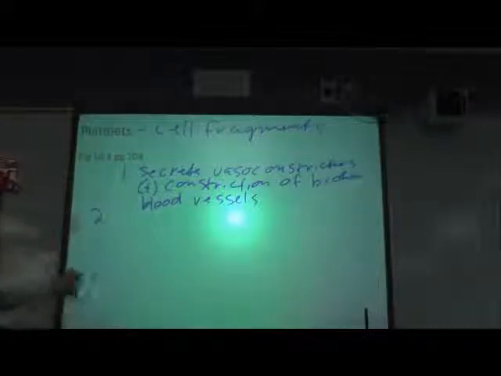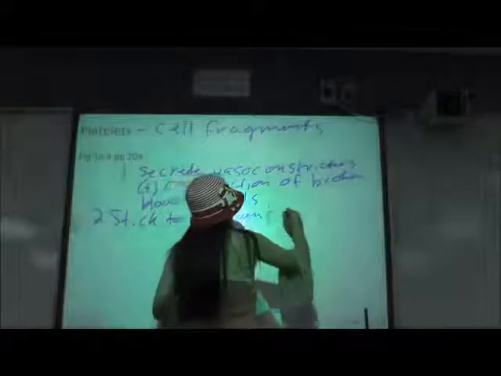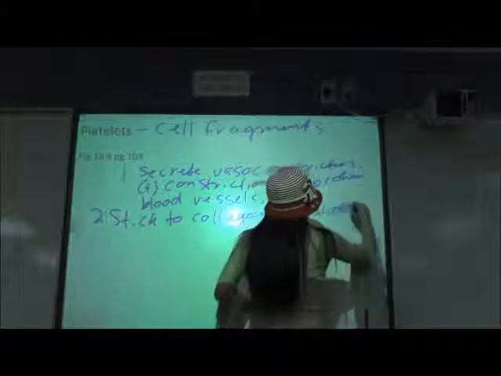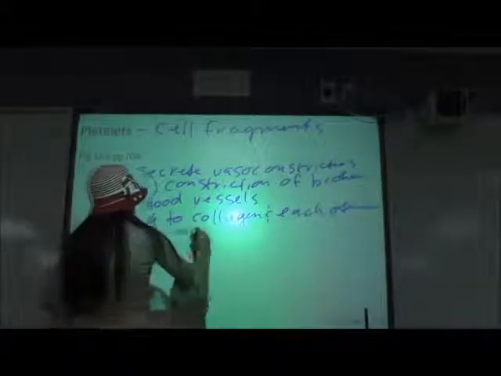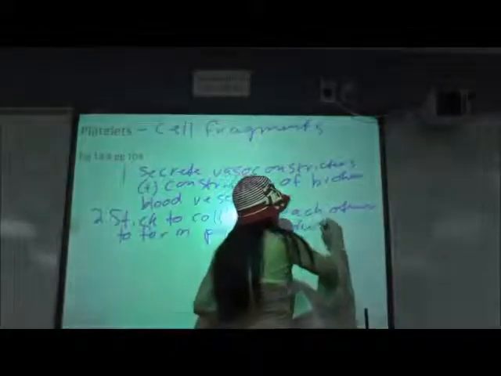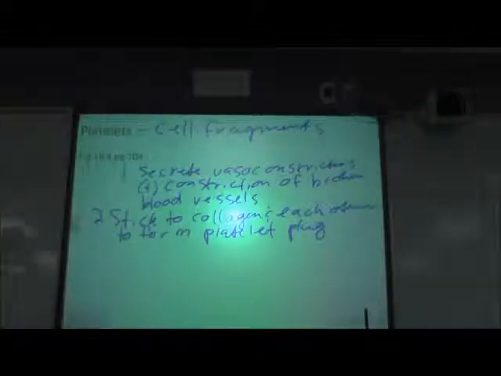Another thing that they do is they stick to each other, and they stick to collagen in damaged tissues to form what's called a platelet plug. This is one of the steps in stopping bleeding. We'll talk about that more on Monday.